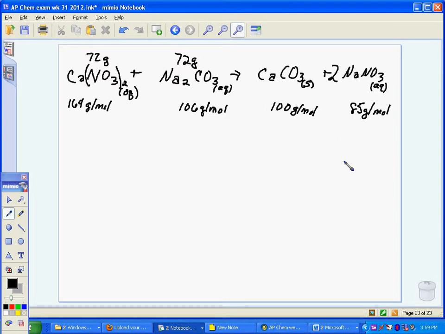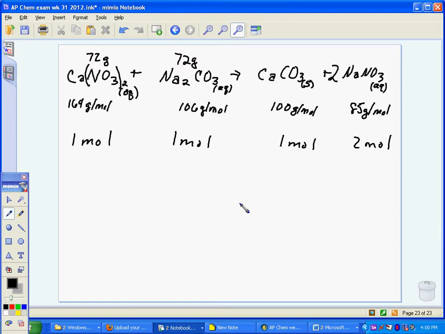We've got to look at our mole ratios here because the mass isn't really what this is all about. According to this chemical equation, 1 mole of this plus 1 mole of this should be giving me 1 mole of this and 2 moles of this.